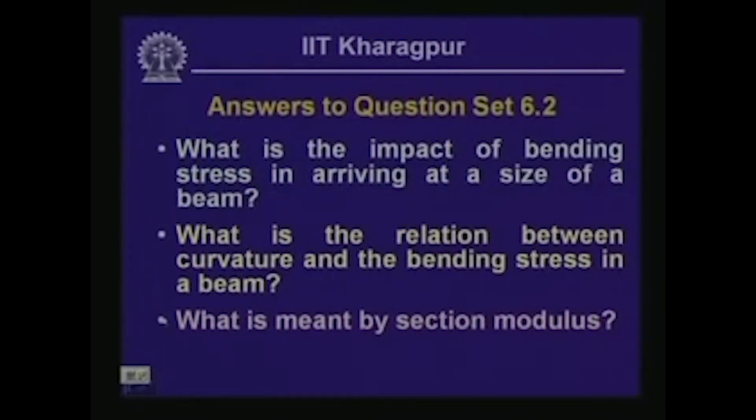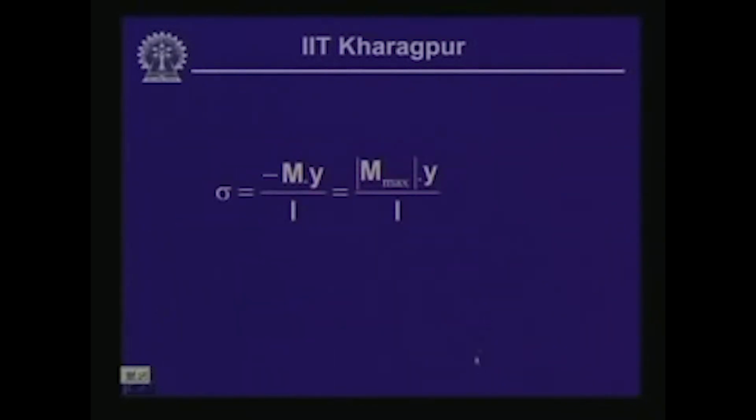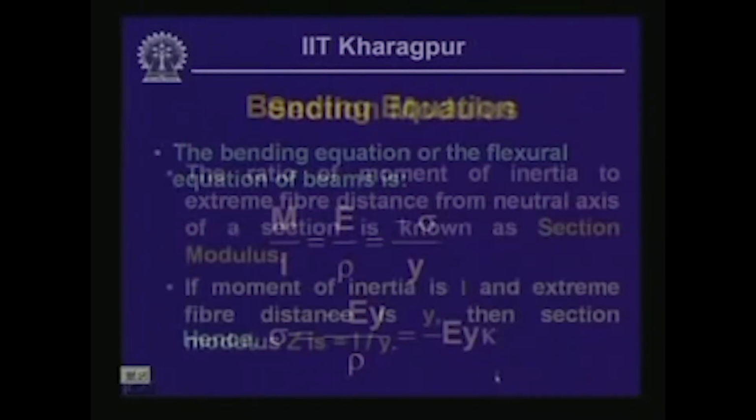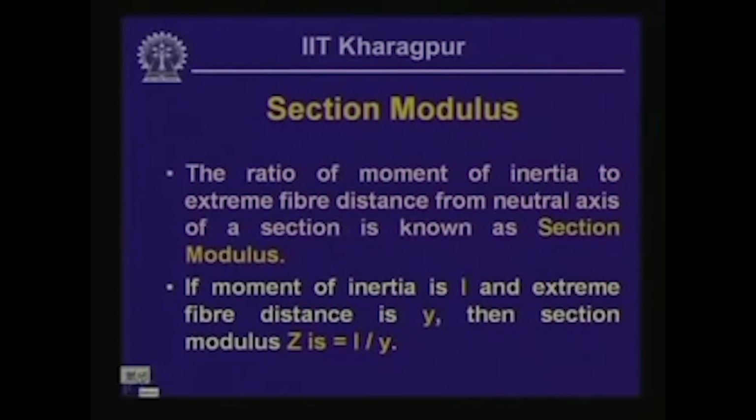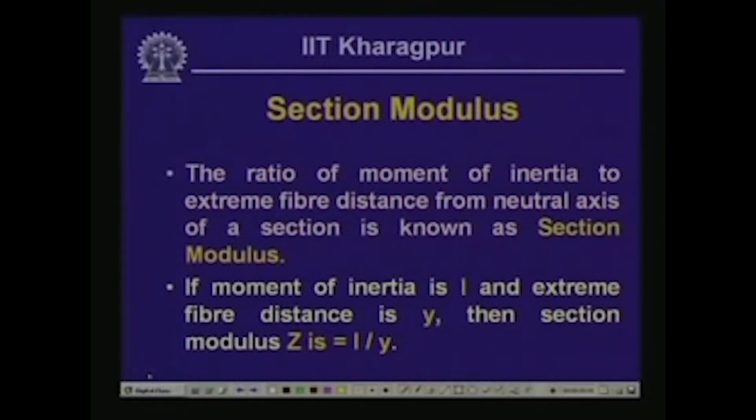Now, the third question was, what is meant by section modulus. In the course of discussion over here, we have defined the term. In fact, we have said that Z is a parameter which is I by y. This is what we call the section modulus. The ratio of moment of inertia of the section to the extreme fiber distance from the neutral axis of the section is known as the section modulus.